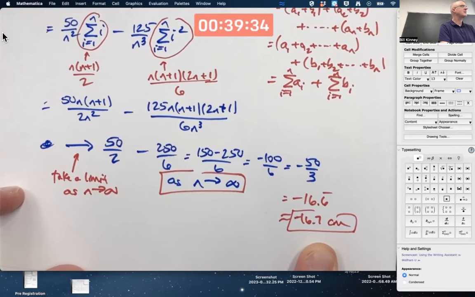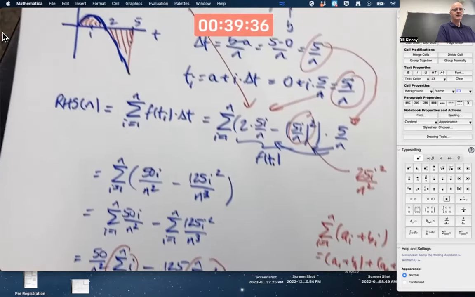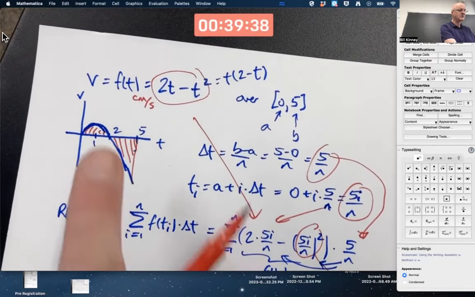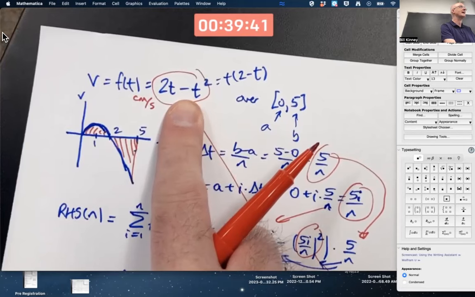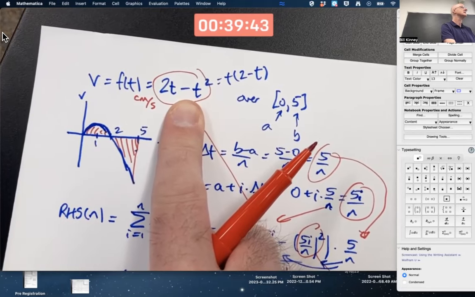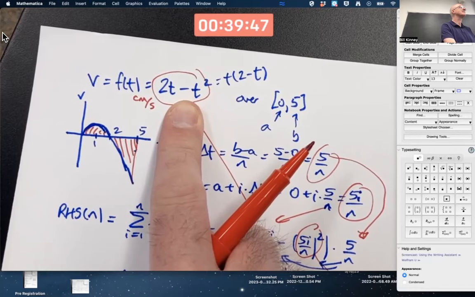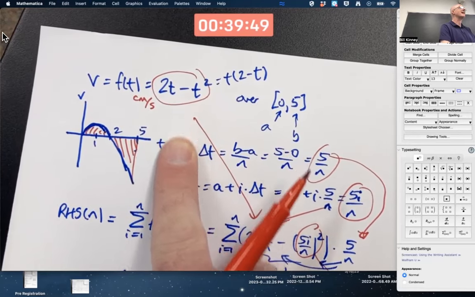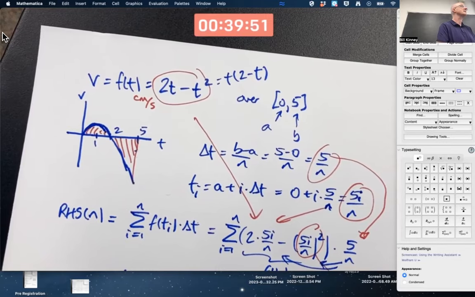Of course, I mentioned last week how it would be very unlikely to have a bug travel with this exact velocity, right? Probably impossible. But these kinds of problems where we can find exact answers are still useful, for one thing because they help you understand the content better.